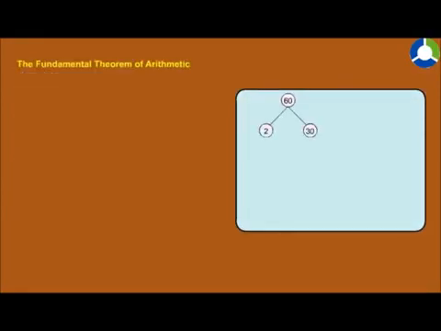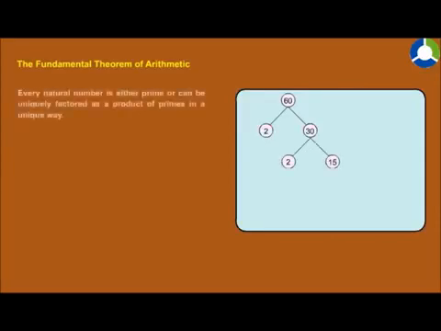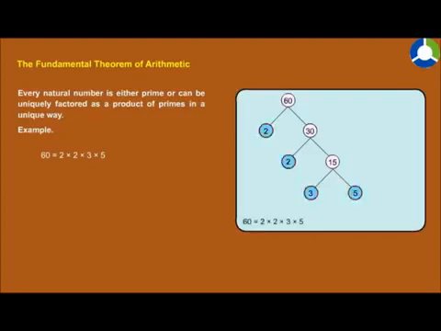The fundamental theorem of arithmetic. Every natural number is either prime or can be factored as a product of primes in a unique way. Example: 60 = 2 × 2 × 3 × 5.